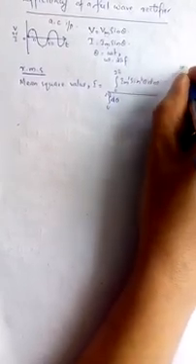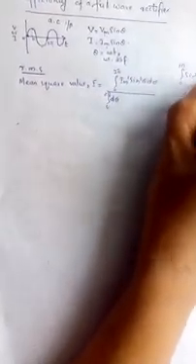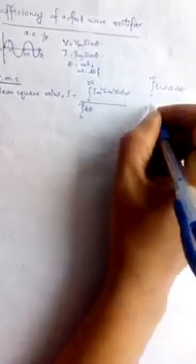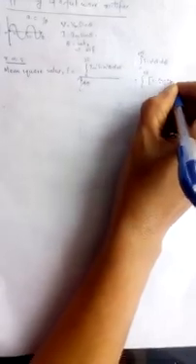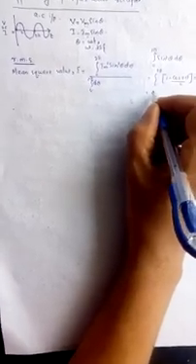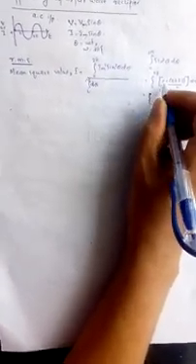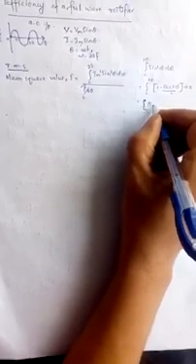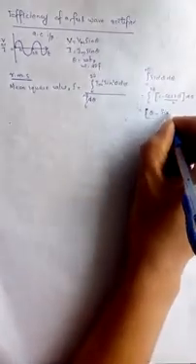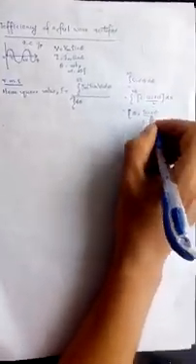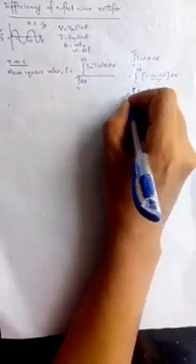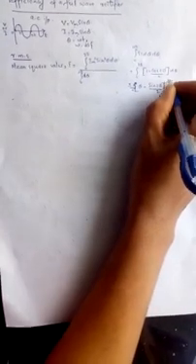Integral 0 to 2 pi sin square theta d theta is equal to integral 0 to 2 pi (1 minus cos 2 theta) divided by 2 d theta. Integrating, it is theta minus sin 2 theta divided by 2. You can take the 1 by 2 outside, within the limits 0 to 2 pi.